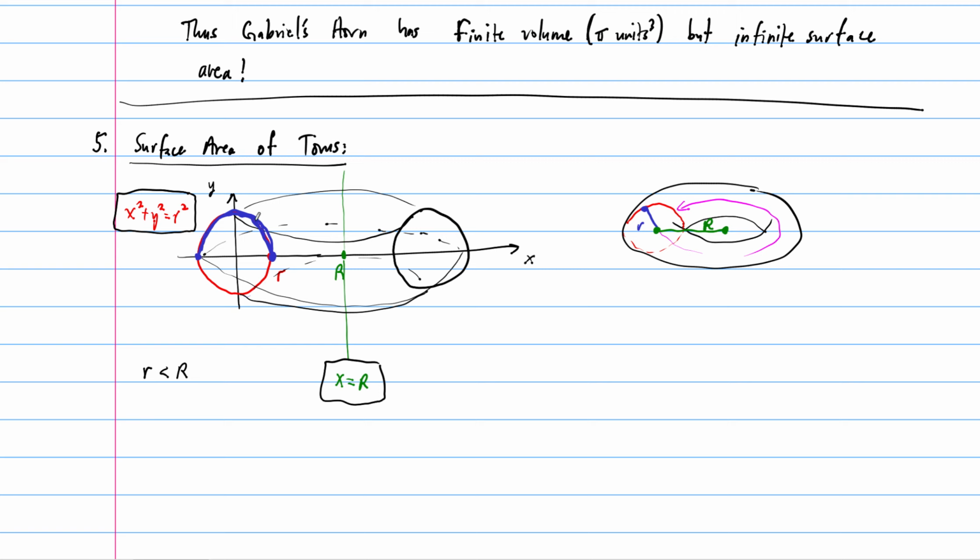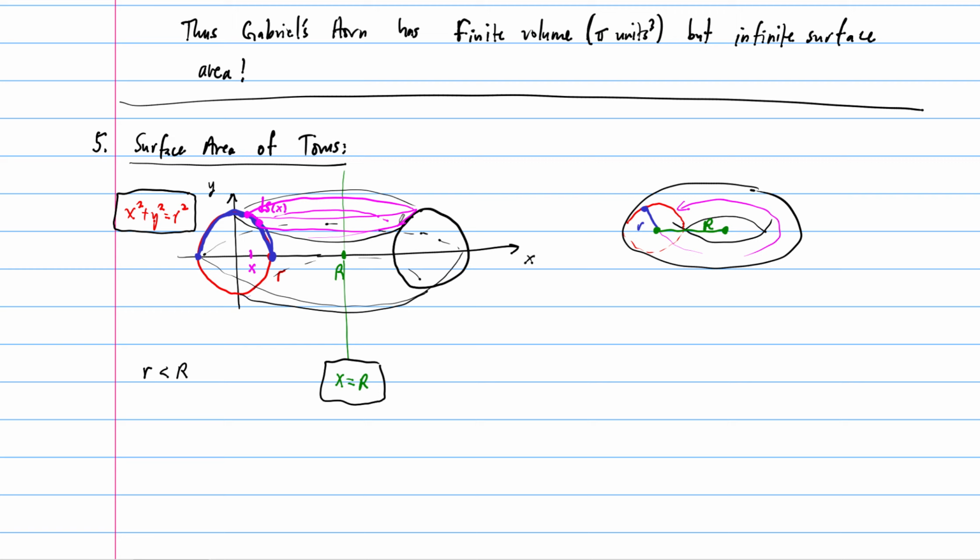And then what are we going to do? As this gets rotated around, we really just want to look at a small portion here. So for some x value, we look at a tiny dx up here, and this gets rotated around to create our cylinder right up here.